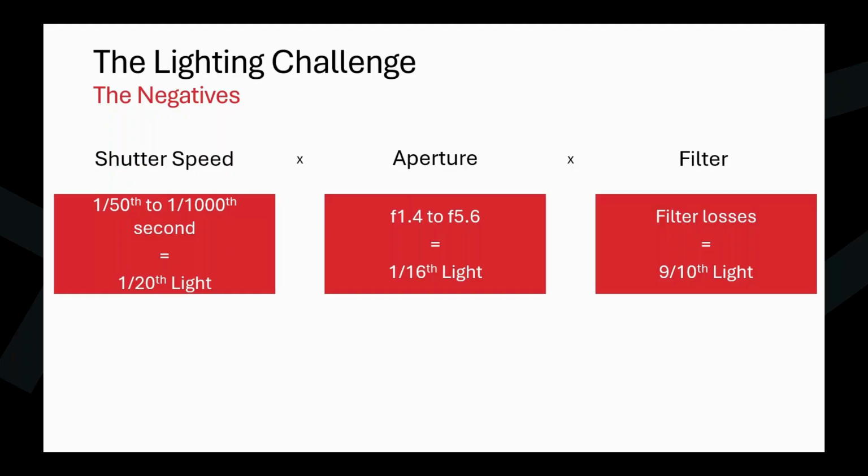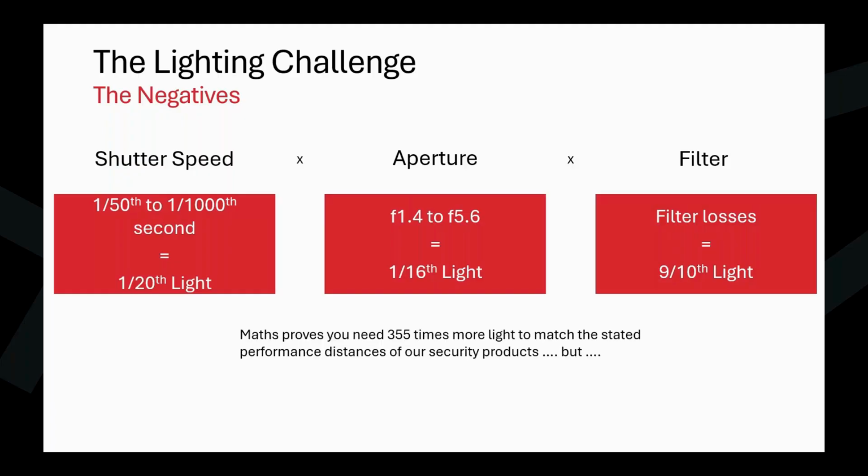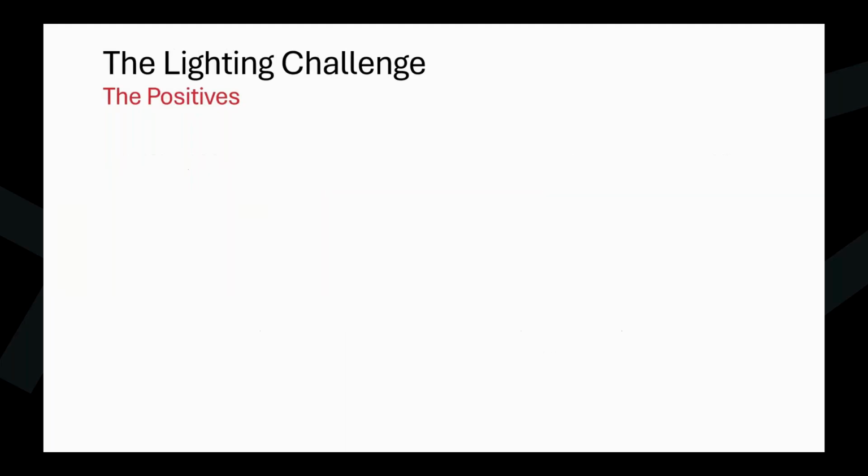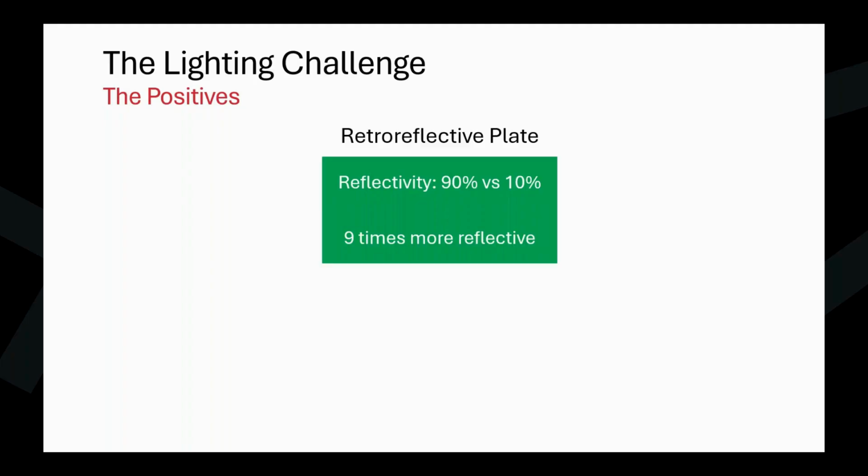However, it's not all working against us. If you're looking at a European plate, for example, you're going to get a lot more light back versus if you're looking at a person in a matte coat, which might offer a more diffuse reflection characteristic. If you are working with retroreflective plates, you're going to get more light back.